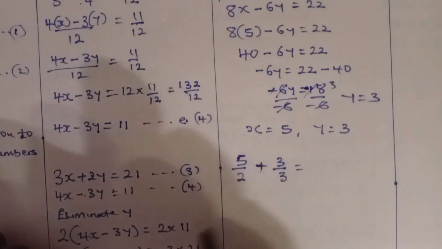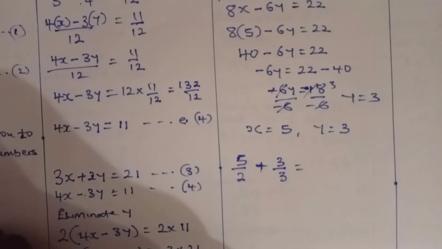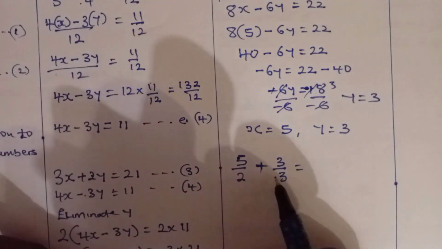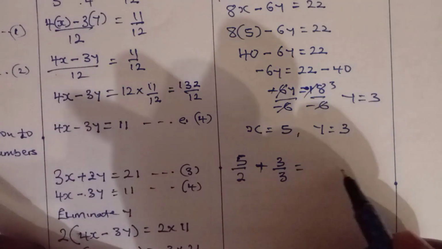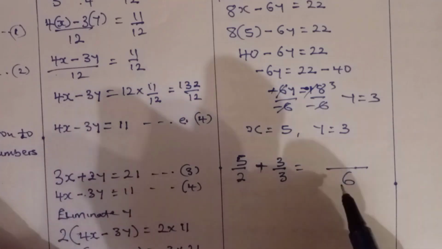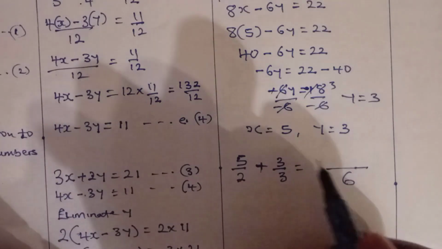So what is the LCM of 2 and 3? The LCM of 2 and 3 is 6, right? So 6 divided by 2 is 3.